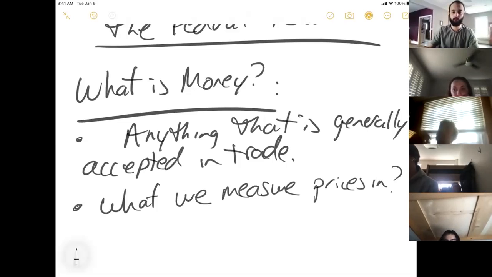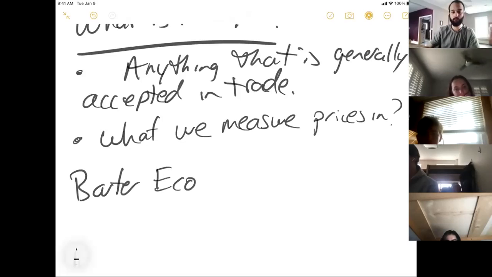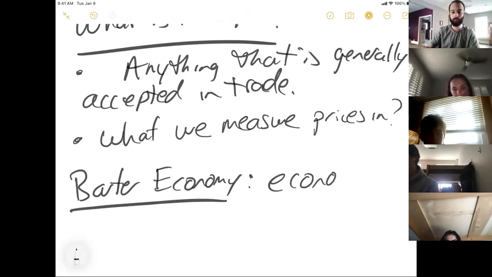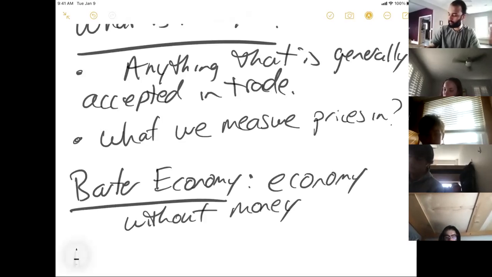Now, one of the things that we've observed throughout human history is that almost always something serves the form of money within an economy. There have been barter economies in history, and a barter economy is really an economy without money. In other words, an economy in which you trade goods for goods.